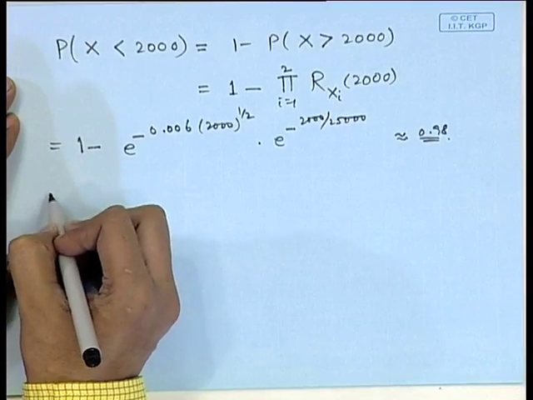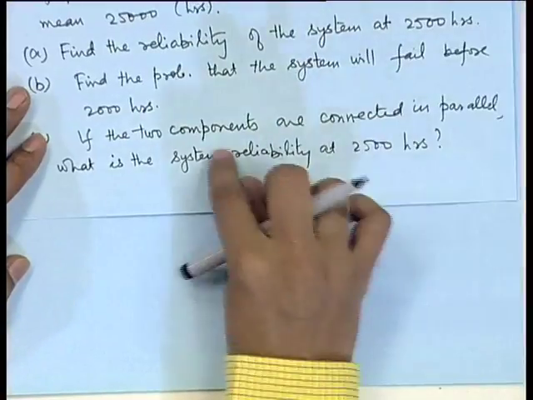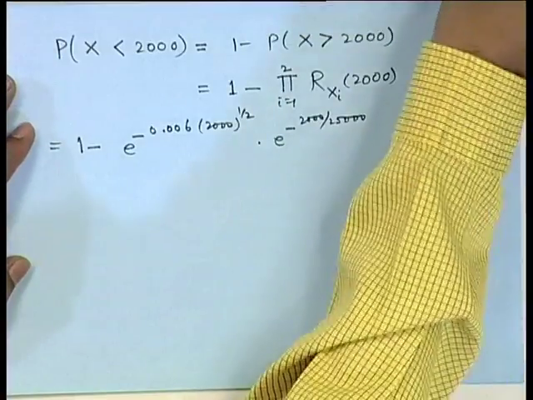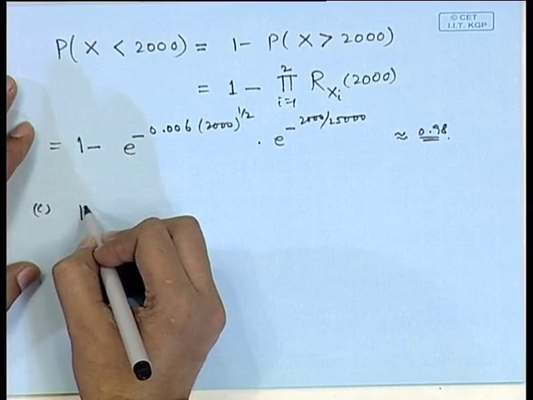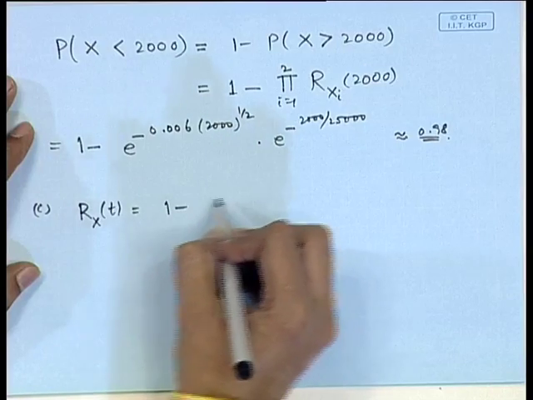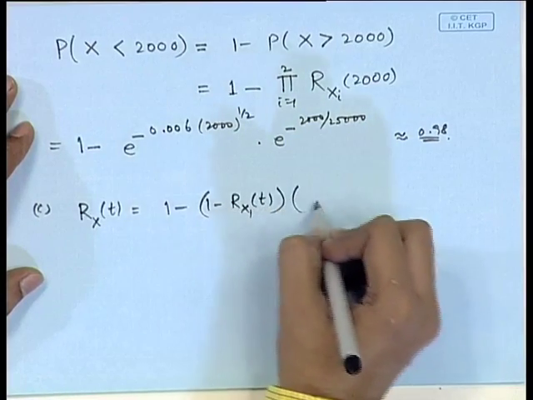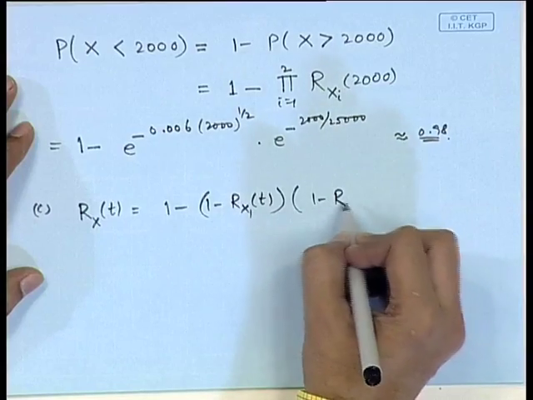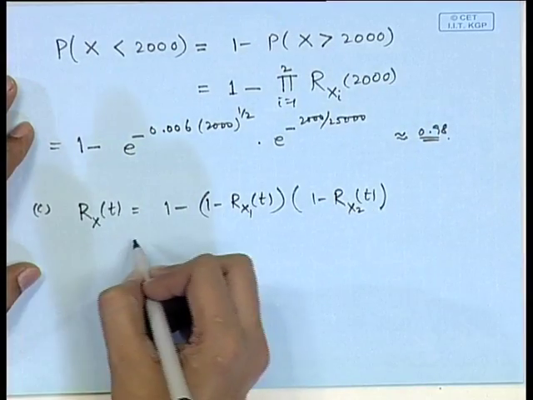In the third part, if the two components are connected in parallel, what is the reliability? If the components are connected in parallel, then we have seen that the reliability of the system is given by 1 minus (1 minus reliability of X1) into (1 minus reliability of X2).